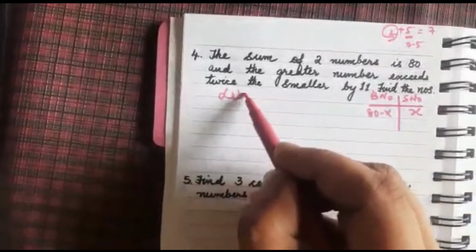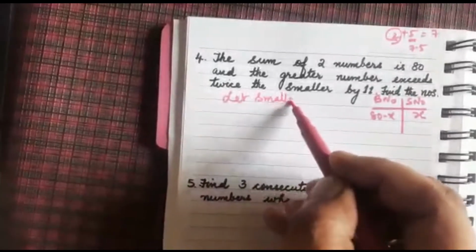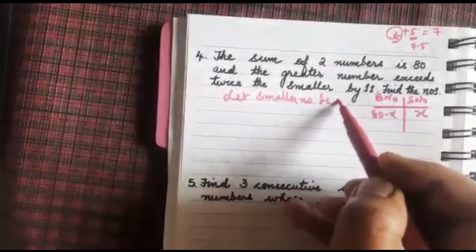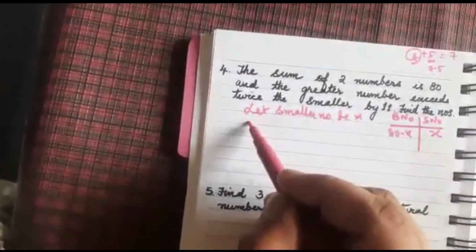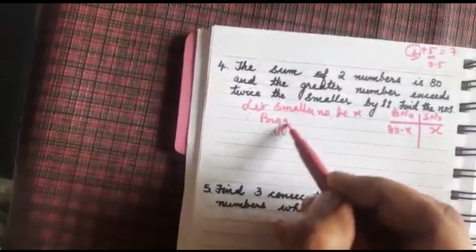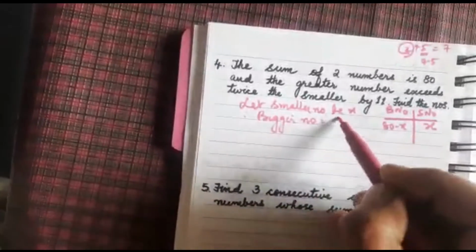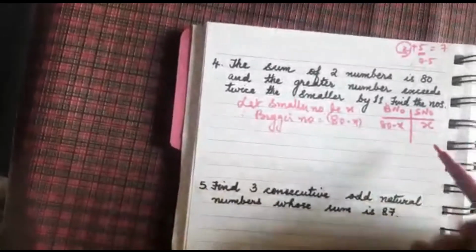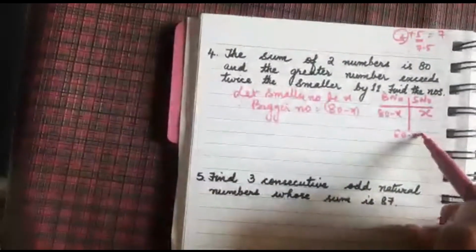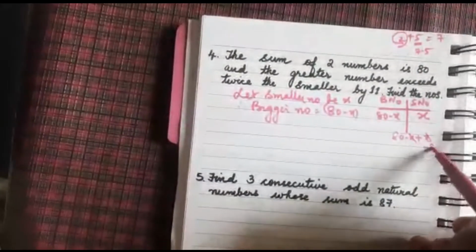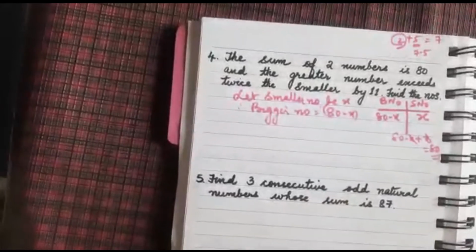So let smaller number be x. Okay. Now therefore bigger number equals 80 minus x, isn't it? If you add, just check it, 80 minus x plus x, you get 80. So that is it.